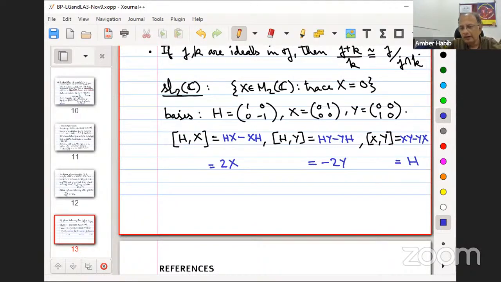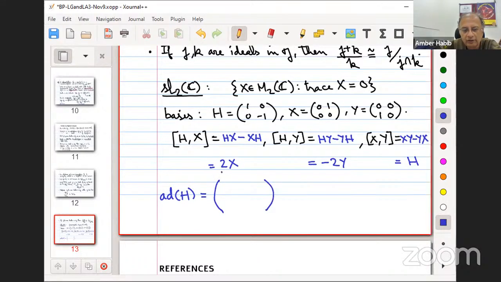And H is especially interesting. What is it doing? Suppose I looked at ad of H. You bracket anything with H, so this will be a linear map from this Lie algebra to itself. So it will be given by a 3x3 matrix.